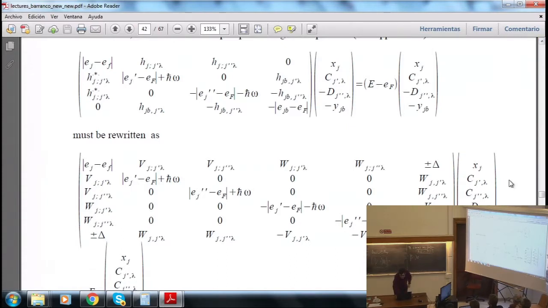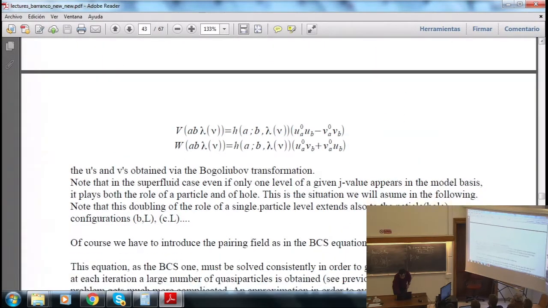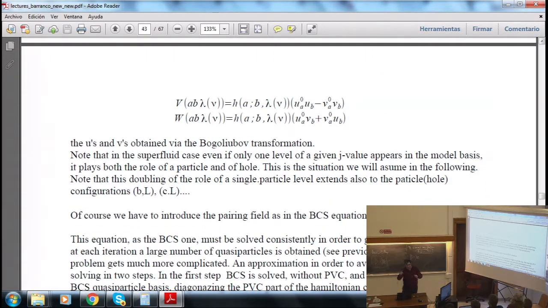Well, there are several ways of treating this problem. One is to avoid it completely, namely to solve the BCS equation previously, and then on the basis of the quasi-particle states of the BCS, you solve the rest of the particle vibration coupling matrix elements.